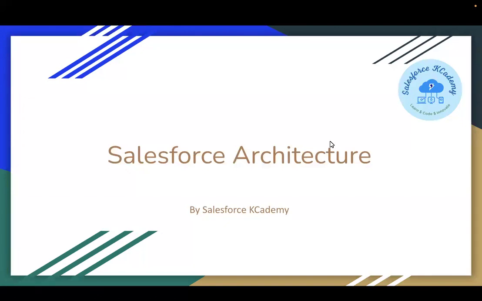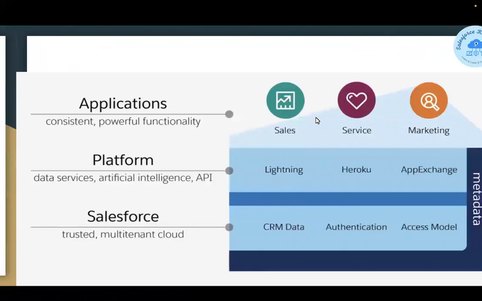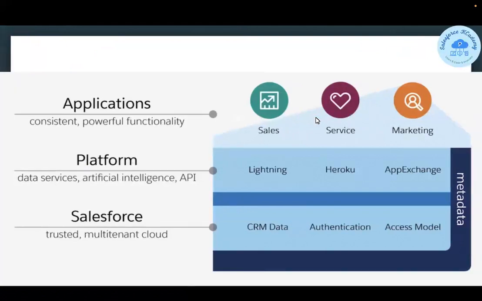If you see Salesforce, it lies in three layers. Now we have an additional layer, the AI layer, but for now, let us understand the three fundamental layers of Salesforce.